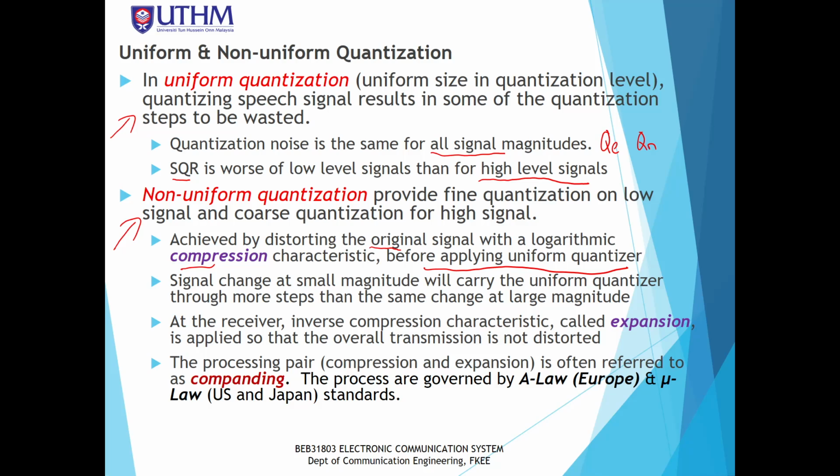So that means before kita melakukan proses quantization, kita perlu melakukan proses compression. Okay, that means we need to compress the input signal. Okay, dia katakan di sini menggunakan perkataan distort.